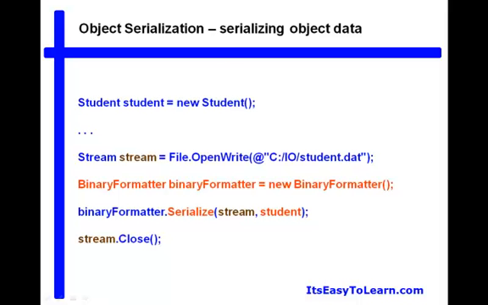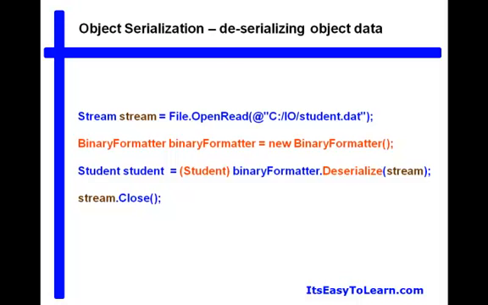Okay. We open a stream using the openWrite method, and then we create a binary formatter using new binary formatter, and then there is a method called serialize in the binary formatter which serializes the student data into the stream. The stream is closed.